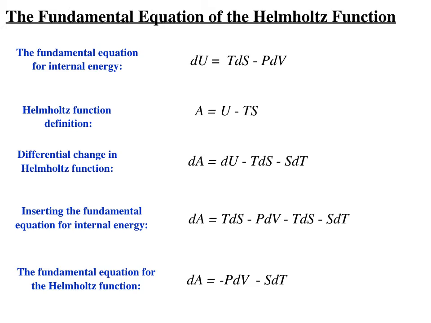So now what we're saying is before we looked at the internal energy as being a function of volume and temperature. Now, with the idea of entropy being introduced, we see that the increment of change of the Helmholtz function is a function of volume and temperature.